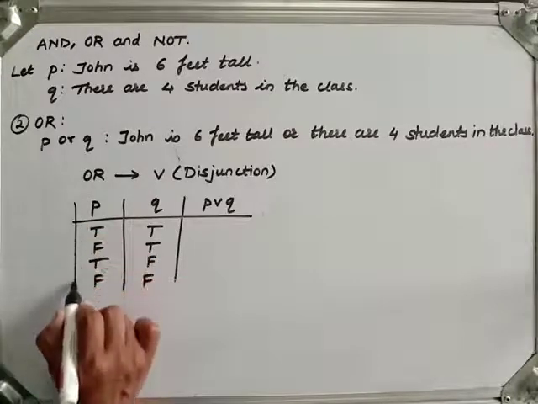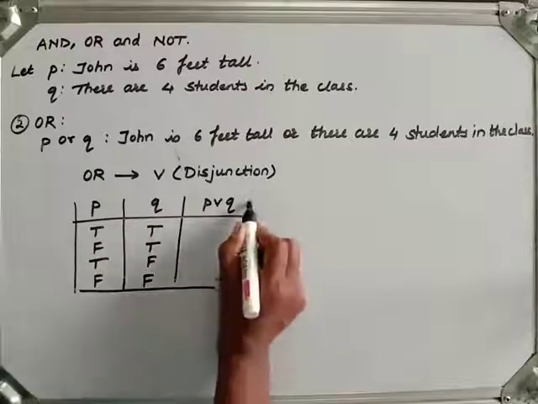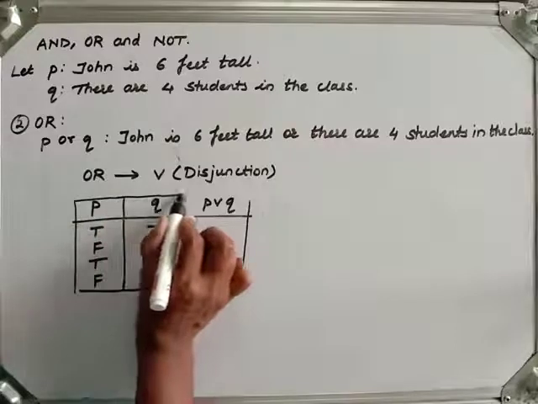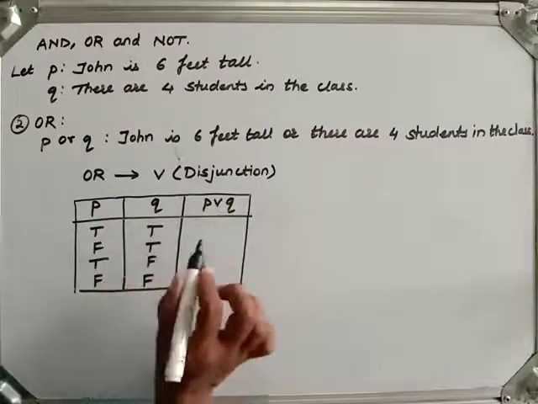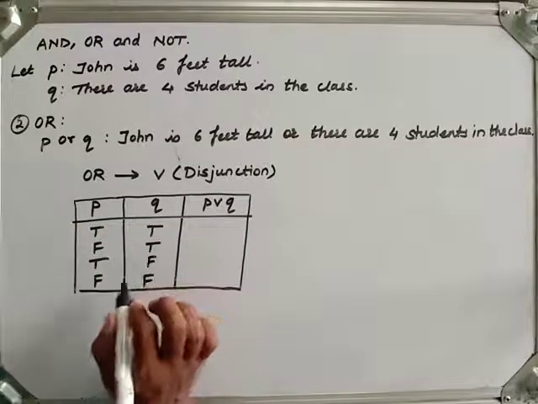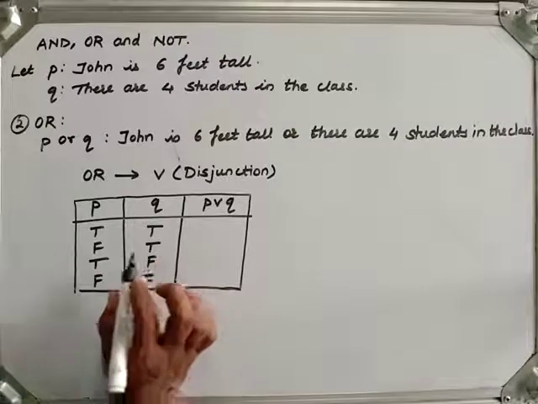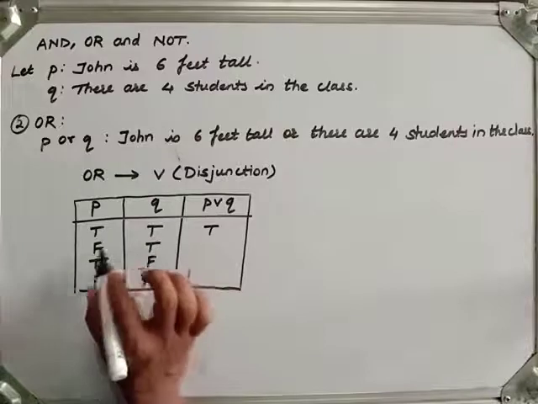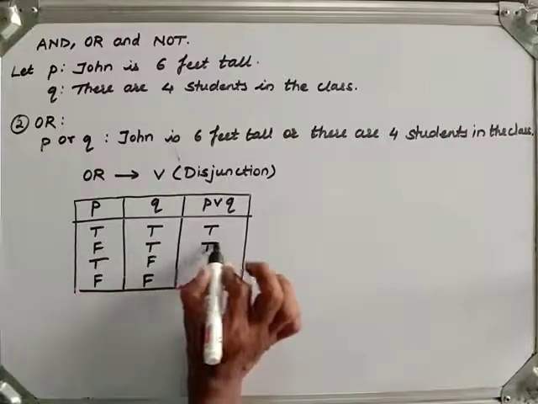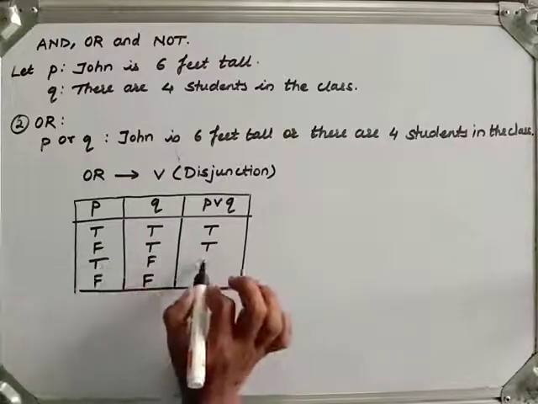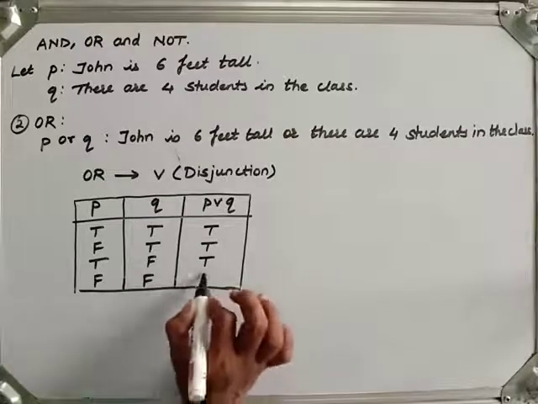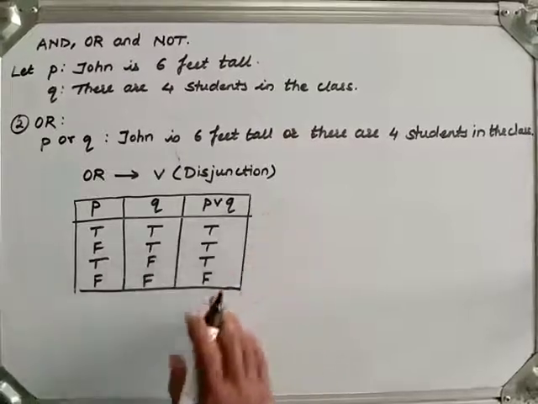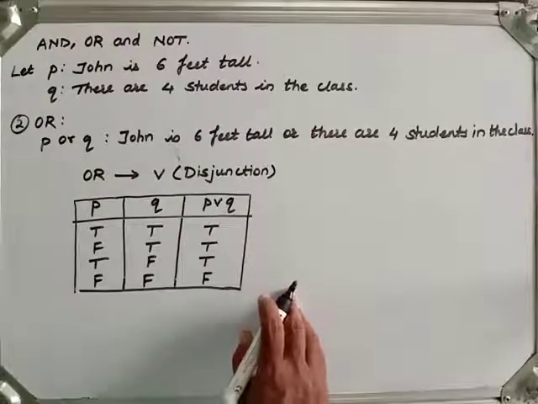Now this OR logical connective is true if one of them is true, and it is false if both are false. So if both are true, then it is true. Here Q is true, P is false, still it is true. P is true, Q is false, so it is true, and both are false, then it is false. Using 0 and 1 you can prepare a table on your own.